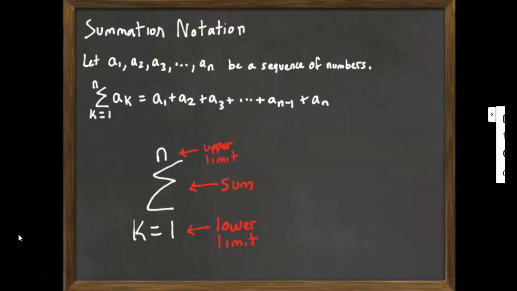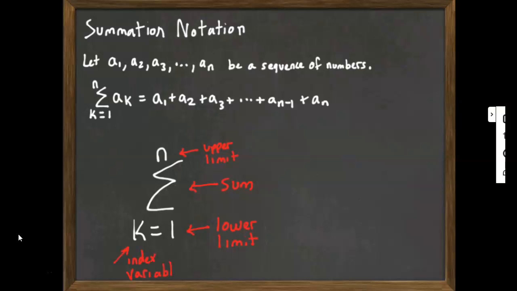The N up there, that's the upper limit. That's the number it goes up to. And in a sum like this, you're always incrementing the variable by 1. So K is an integer. It's going to increment by 1 each time. A lot like some of the for loops that some of you may have done with programming before. It's kind of a similar idea.